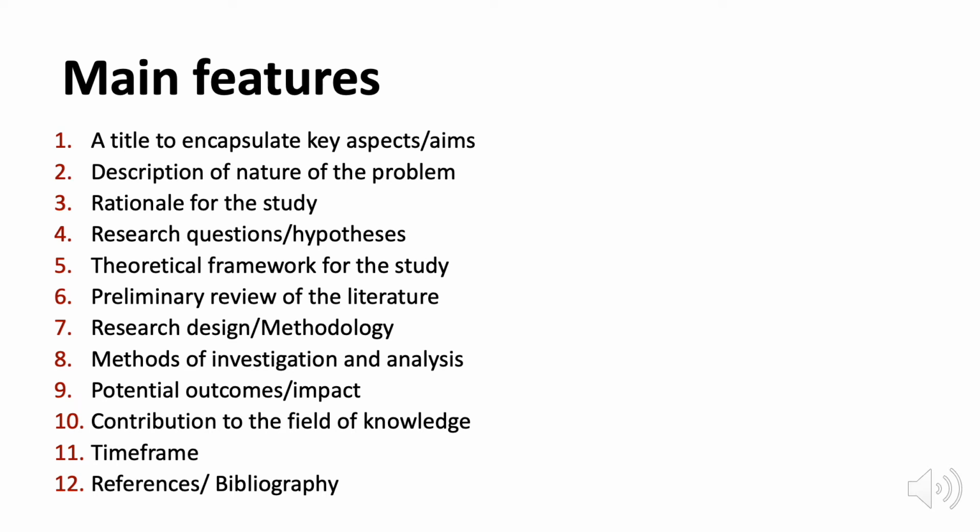A title, a description of the problem, rationale of the study, research questions, hypotheses, theoretical framework for the study, preliminary review of the literature, the design of the study, methodology, methods and tools for data collection and analysis of the data, potential outcomes, contribution to the field of knowledge, the time frame when you will be able to complete or finish chapter 1, 2, 3, etc. And the references, of course, the bibliography at the end. Right?